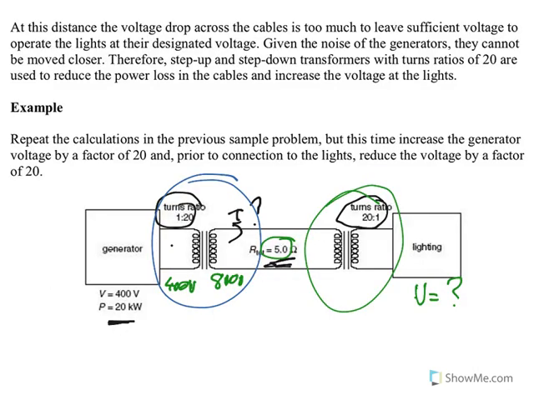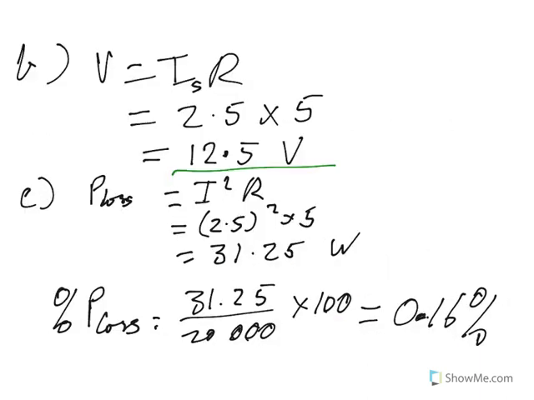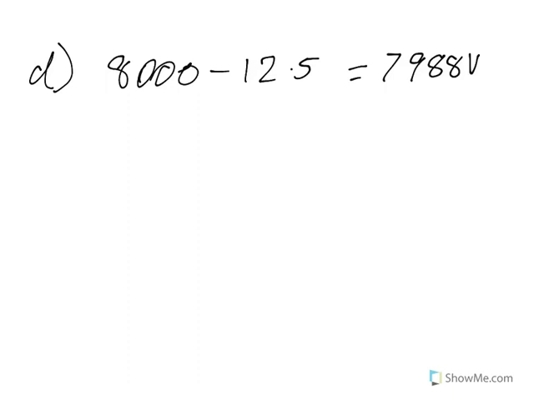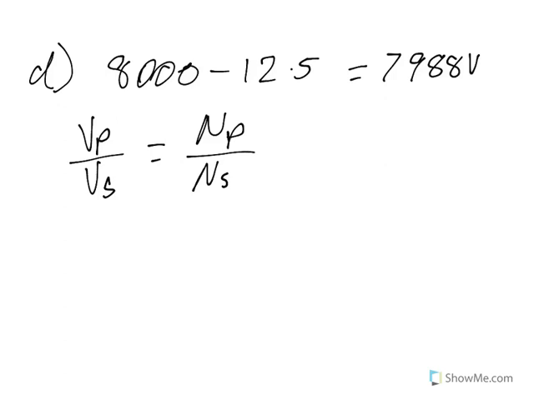So that means that here we've got 7,988. We want to know the voltage there. We've got our turns ratio. Remember, that's 20 in the primary of this and 1 in the secondary. The voltage in the primary over the voltage in the secondary is the number of turns in the primary over the number of turns in the secondary.